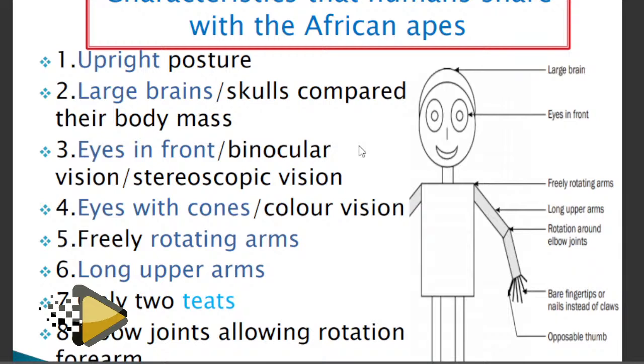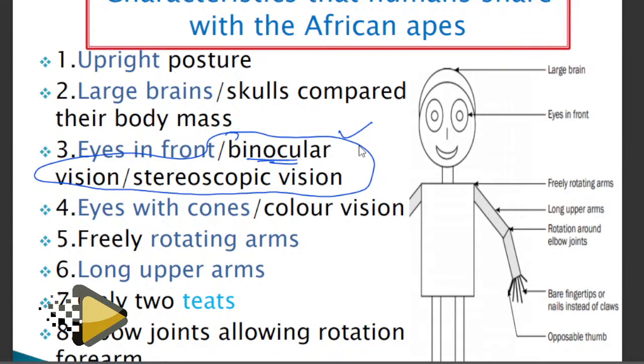This is what we are talking about, because they didn't say that eyes in front. So the word binocular might be a little bit not credited, but stereoscopic, definitely it will be credited. But if they go under memo discussion, they could credit it, because they are talking about depth perception. So I think those who wrote binocular, you are halfway.